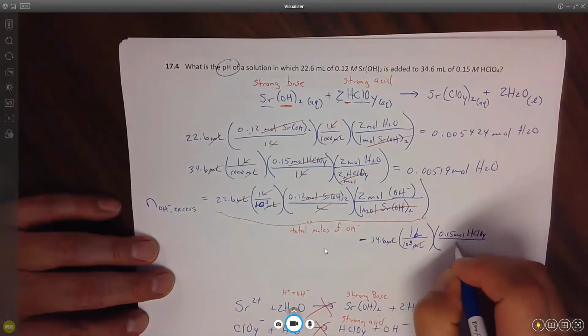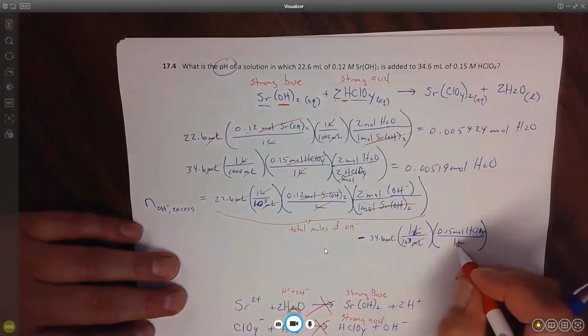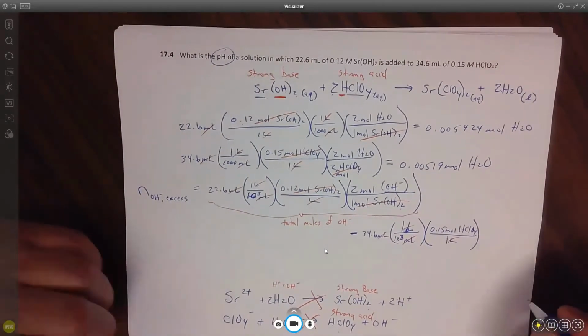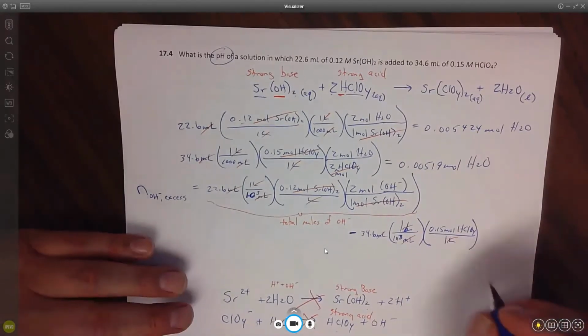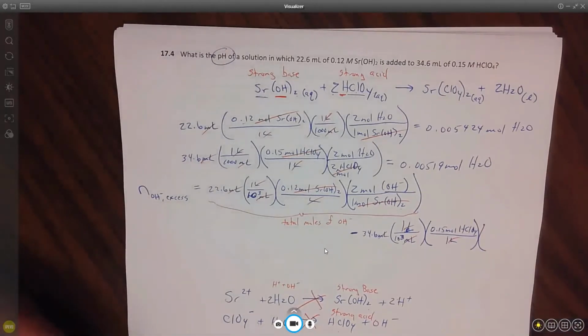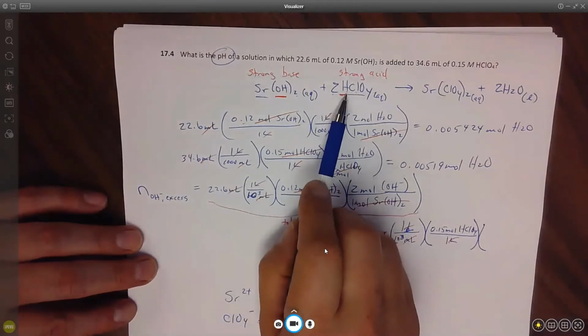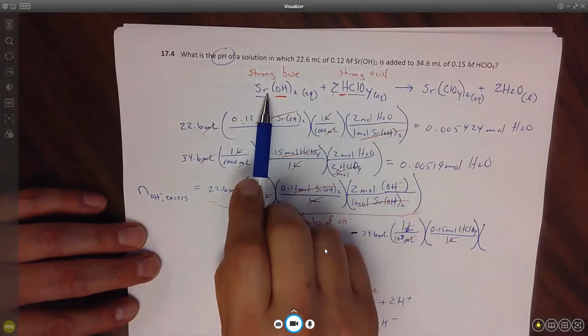And I didn't leave myself enough room for this. Okay, so now the liters cancel and I have moles. Okay, I could relate that to the hydroxide. Now there are different ways you could do this. In the solutions manual, I first related it to the moles of the perchloric acid reacting with the strontium hydroxide, okay?